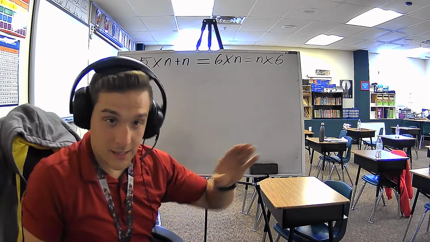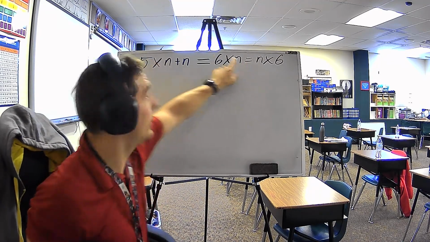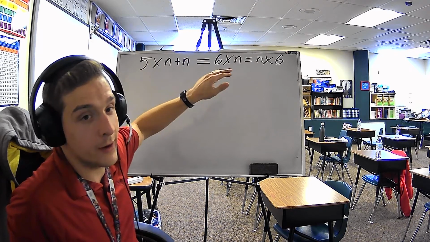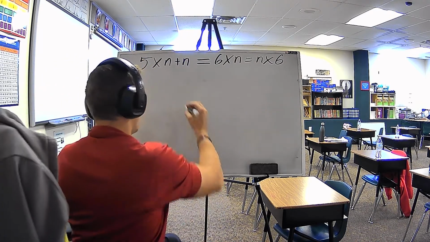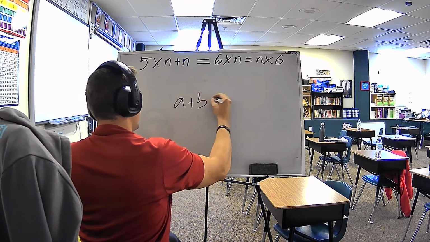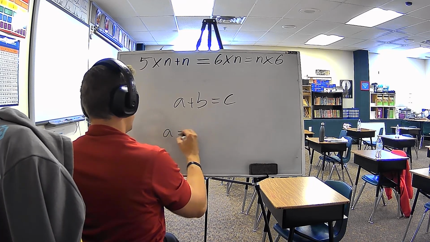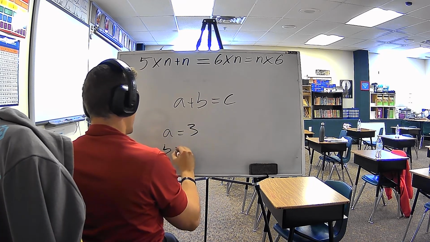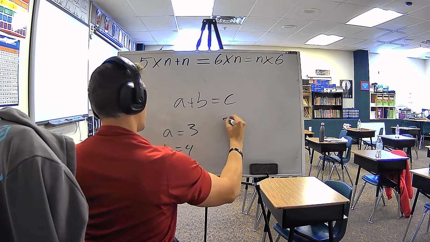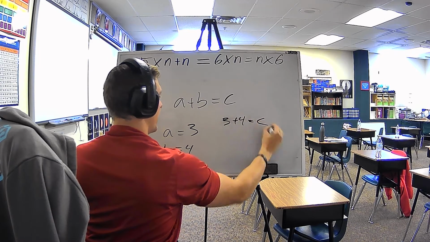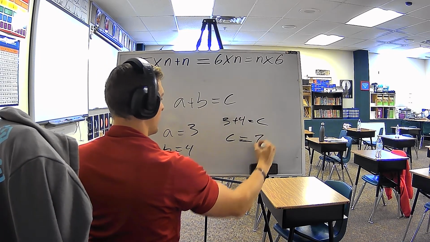Just a heads up, if this n is 3, that means this 3n has to be 3, and these n's have to be 3. Keep in mind, this is important because you'll get to a later point where you'll say a plus b equals c. It'll be like a equals 3 and b equals 4, then 3 plus 4 equals c, and c equals what those add up together, which would be 7.